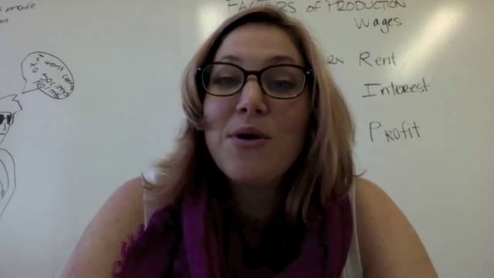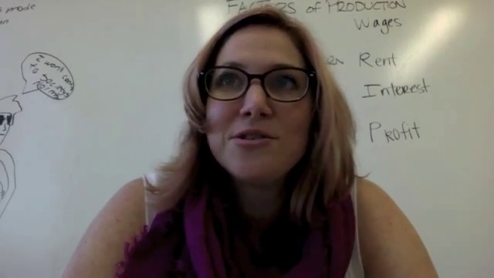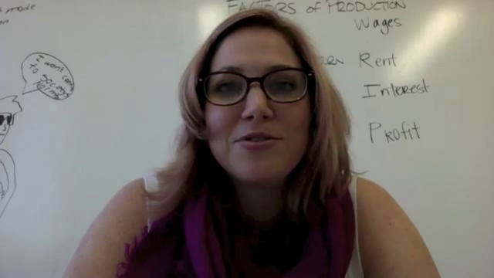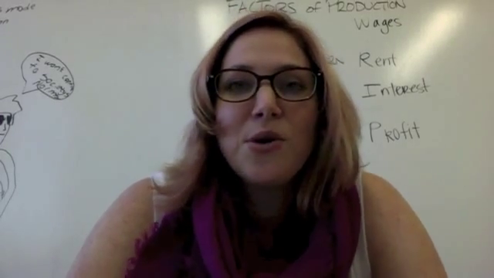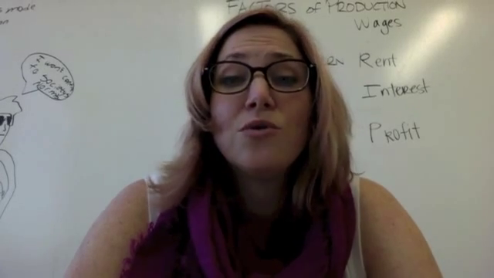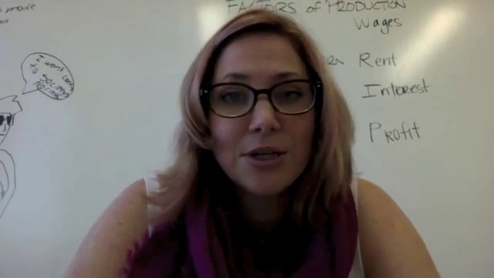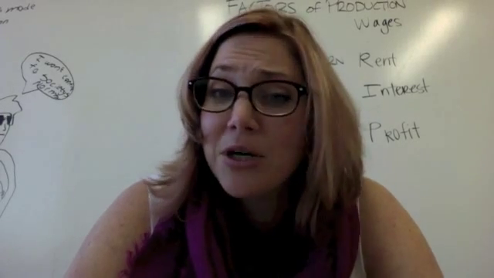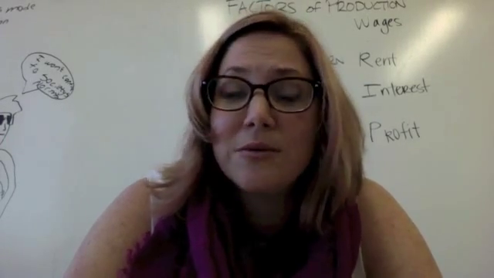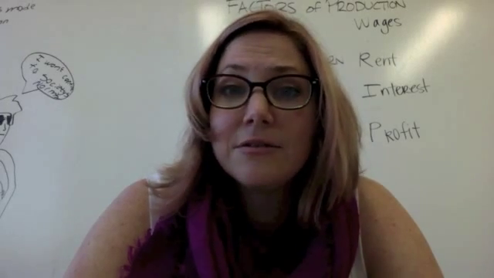Okay, so now that I've given you that information, we can get up close and personal again. And I can let you know very easily how to successfully complete your chemistry lab using the ideas of factors of production. So when you need to get the materials, all of those materials are man-made, except for the chemicals. Chemicals are going to be land.